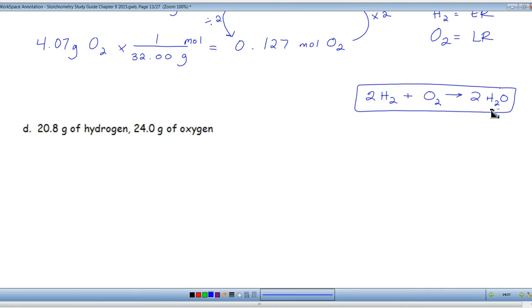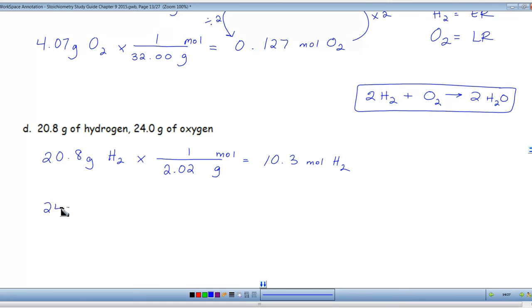Okay, I have grams. I can't work with grams. Got to get them into moles. So we're going to take the 20.8 grams of hydrogen, diatomic, cancel grams, we want moles. 1 mole was about 2.02 grams because it's diatomic. So right around 10, maybe like 10.3 moles of hydrogen.